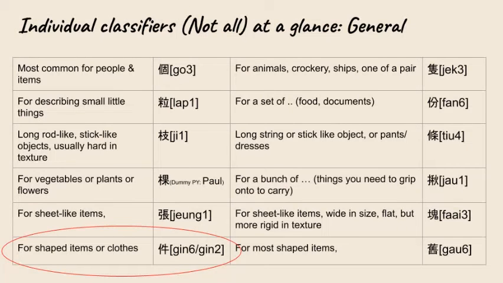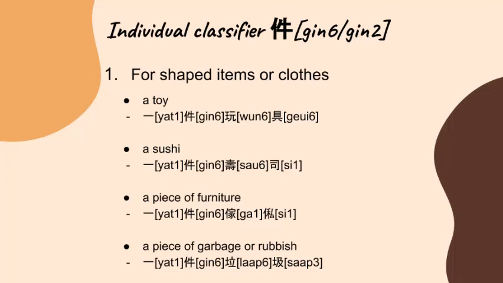You can also use 件 with objects that are cubic or objects with some sort of shape, but not with a specific shape necessarily. It's quite ambiguous. For example, a toy, 一件玩具, because a toy has some sort of a shape to it. A sushi, 一件壽司, and sushi is sort of like a longish shape.